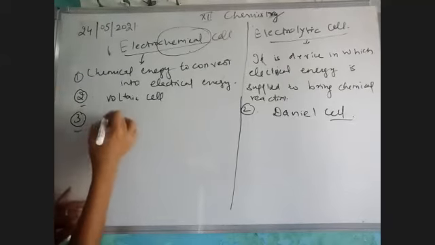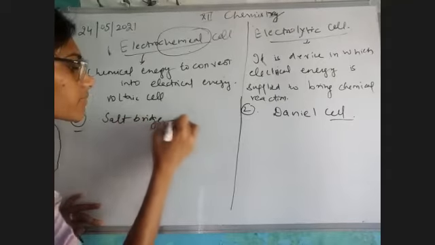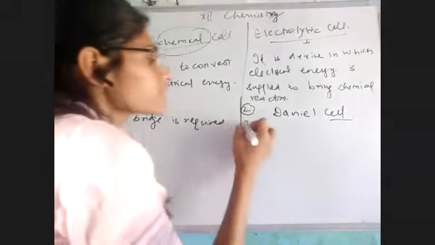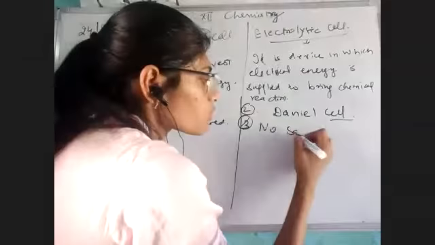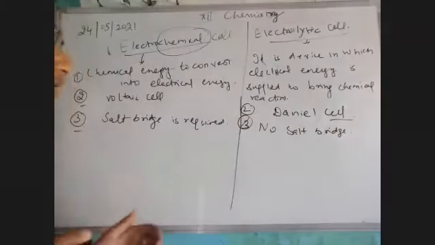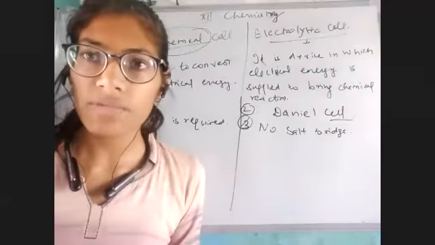Most importantly, salt bridge is required in electrochemical cell, but there is no salt bridge required in electrolytic cell. Okay, that is another difference. Now let me ask, if salt bridge is required, what was the basic work of salt bridge?